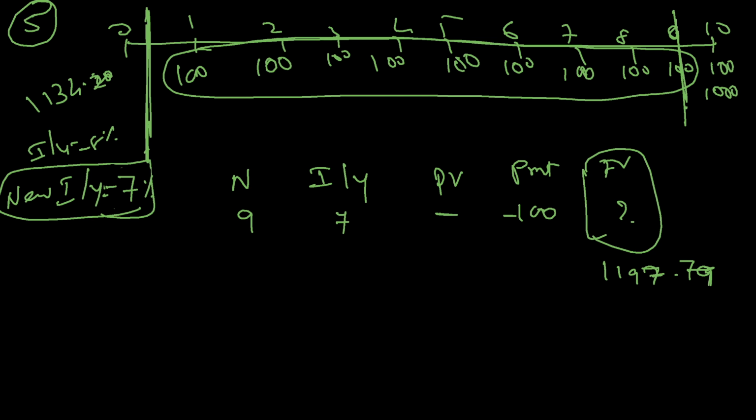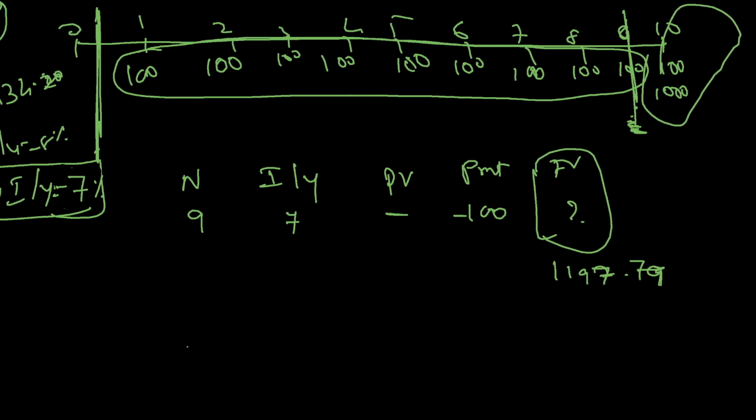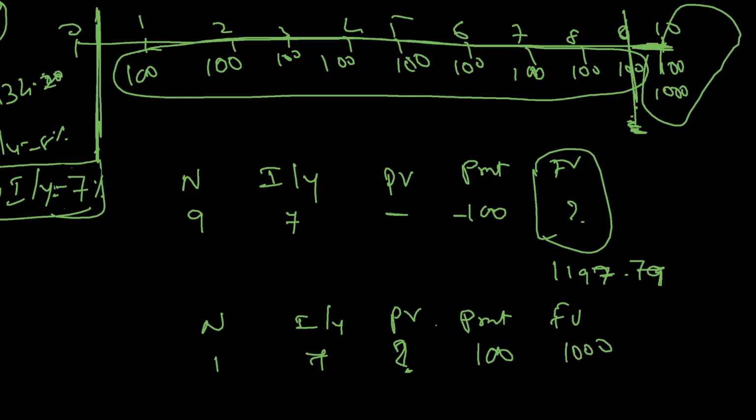1197.79. And what is the present value of the bond over here? The present value of the bond is equal to the present value of all its expected future cash flows, and the expected future cash flows are only this part. So N, IY, present value, payment, future value: N is only one, as one period of payment is remaining. IY is 7, present value we have to find out, payment is 100 that I am going to receive, and future value is 1000.